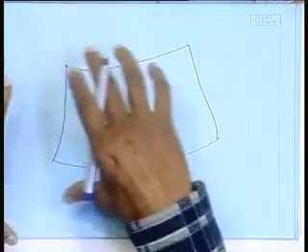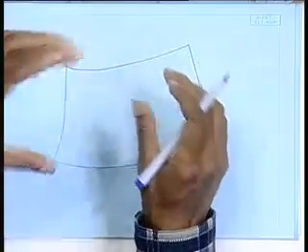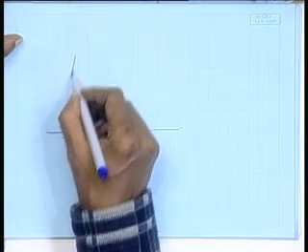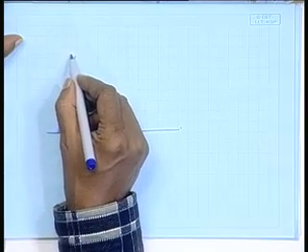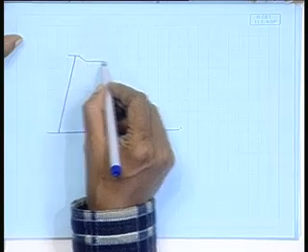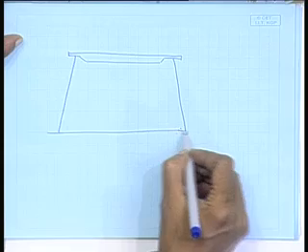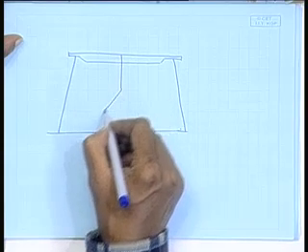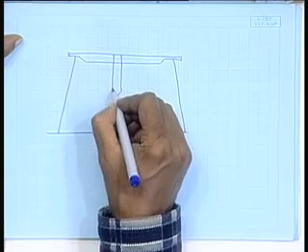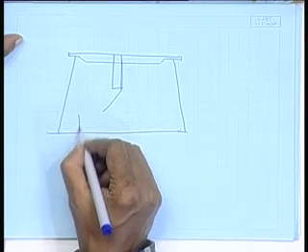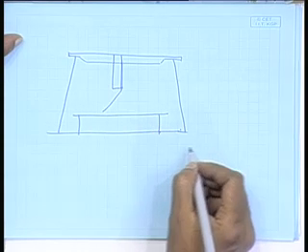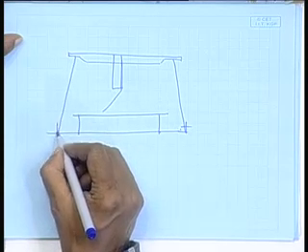The heating device could be a gantry mounted heating torch, like in plate cutting. What is the plate cutting machine? It is somewhat like this schematically. Here you have the cutting table.